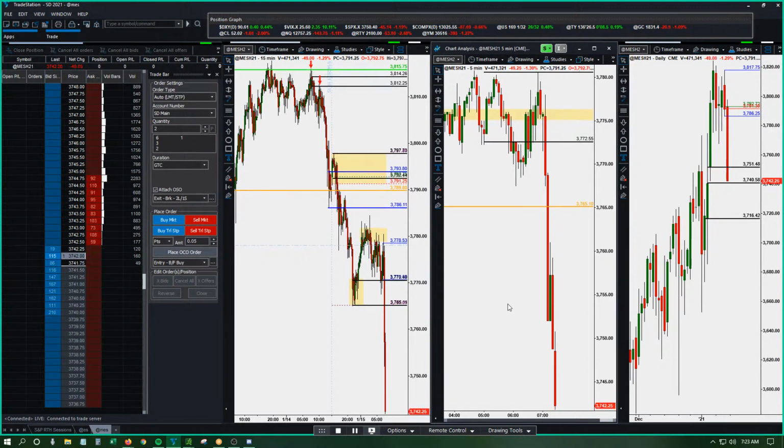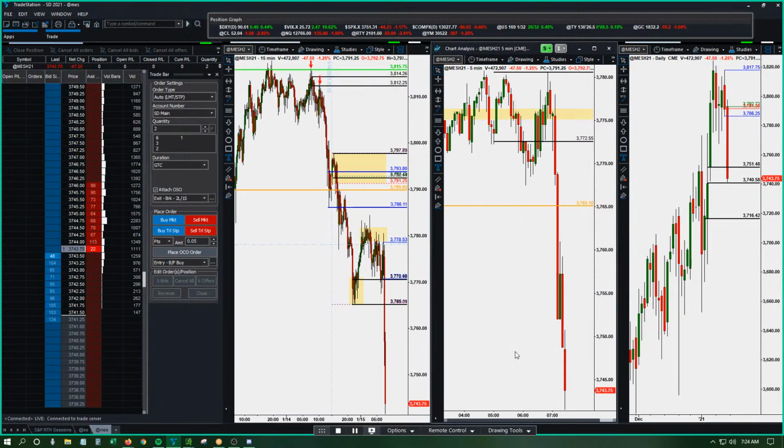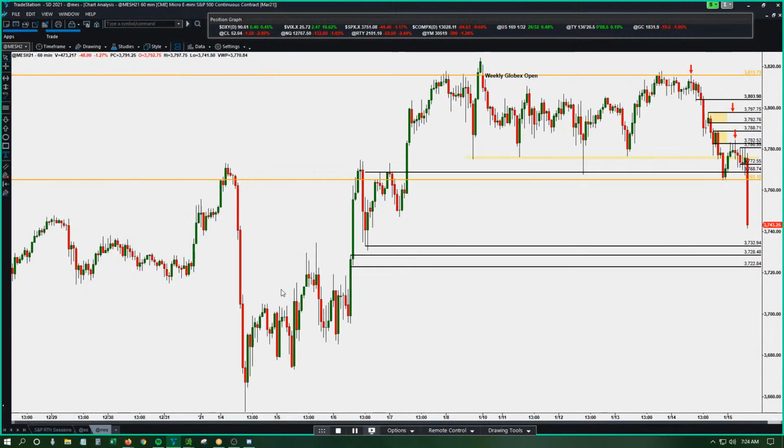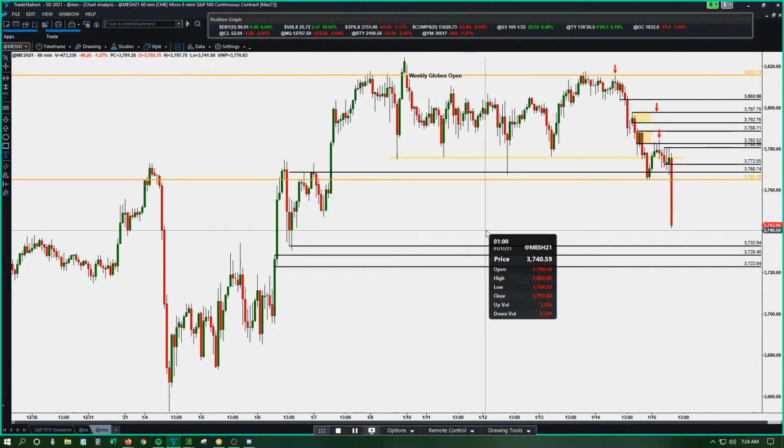Just continuing to move lower. There it is, another new low. 41.50. And back to the 60-minute. What was that level on the daily? 40.50, I think.